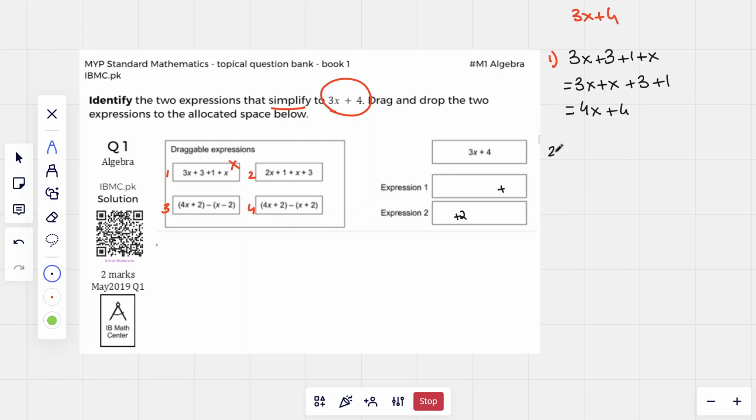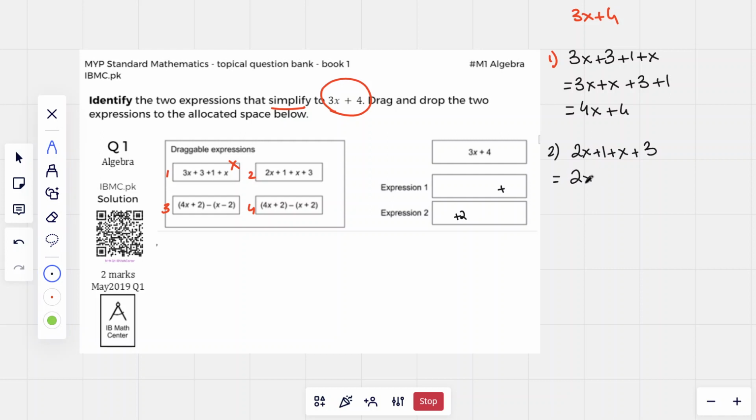Let's look at the second one. The second one is 2x plus 1 plus x plus 3. Continuing with the same analogy, the same process, the terms which have the same variables can be brought next to each other and added.